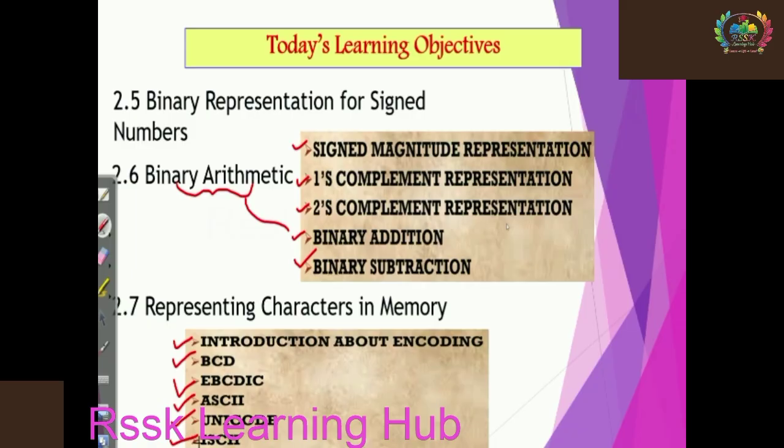ASCII means American Standard Code for Information Interchange. Coming to Unicode, it is a hexadecimal scheme for various languages like Tamil, Malayalam, Telugu, Kannada and so on. Next, ISCII, Indian Standard Code for Information Interchange.